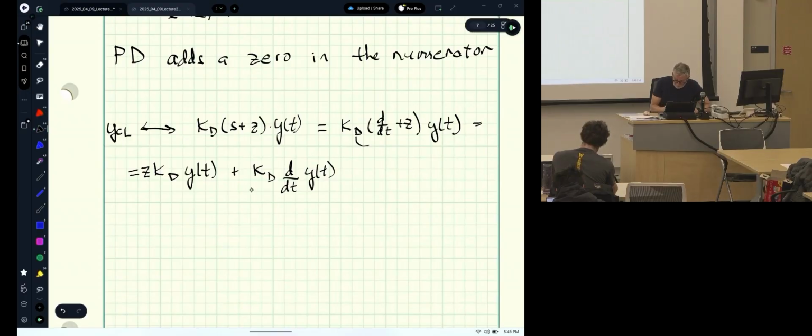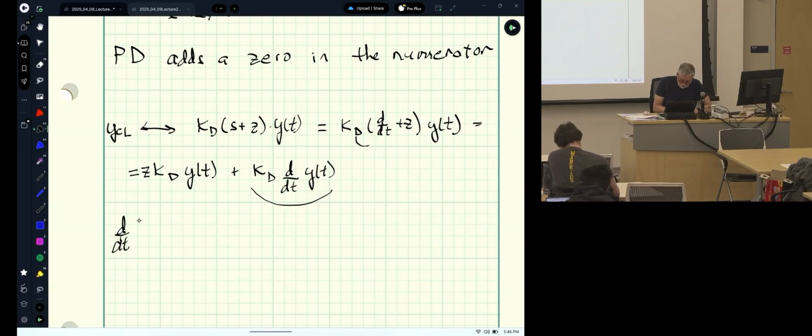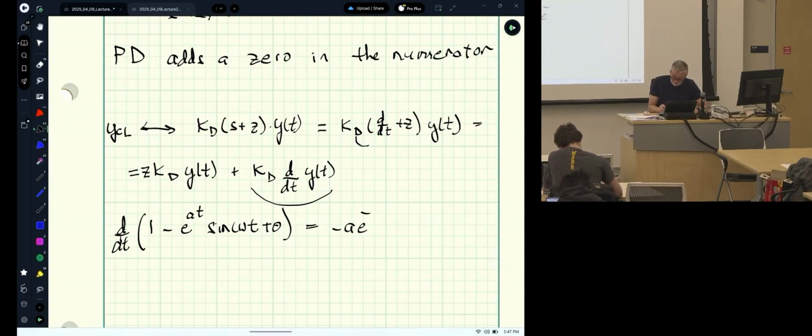But look what happens here is we take d by dt of one minus e to the at sine omega t plus theta. And then that derivative is what? Minus a e to the minus at sine omega t plus theta. And then we've got the second term on that, which is e to the at. We get an omega from the chain rule.